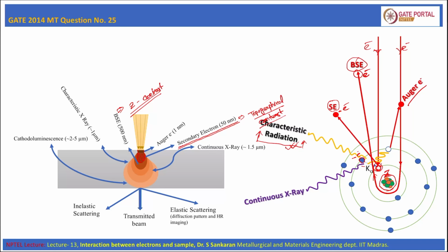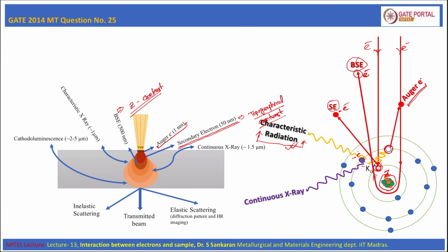Another signal is Auger electrons. The characteristic radiation may also cause the knocking out of loosely bound electrons from the atoms, and these electrons will come out as Auger electrons. These electrons also have very little energy, so they can only come out from very near the surface region.